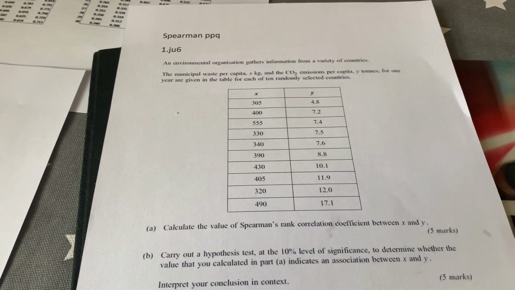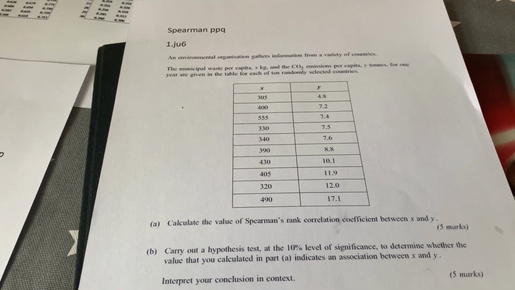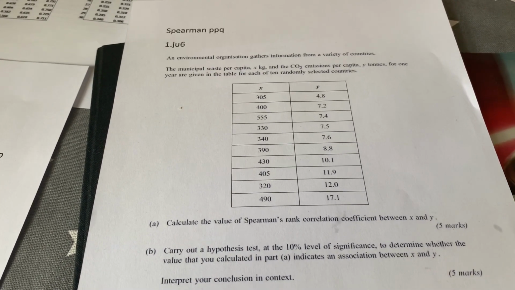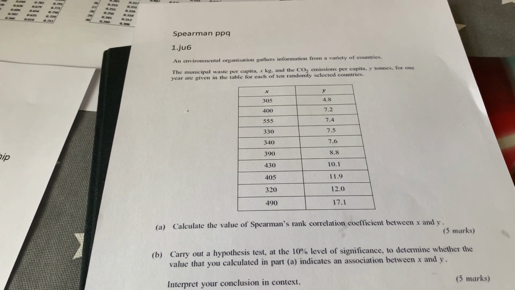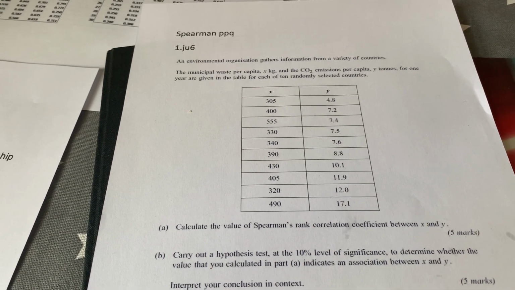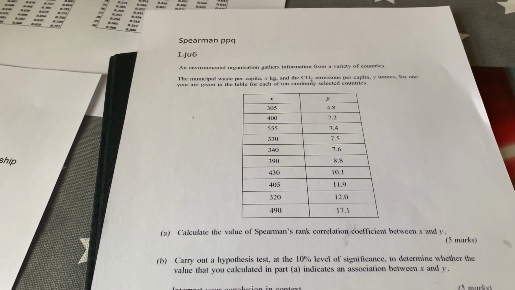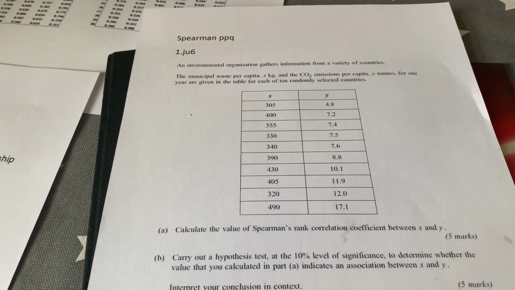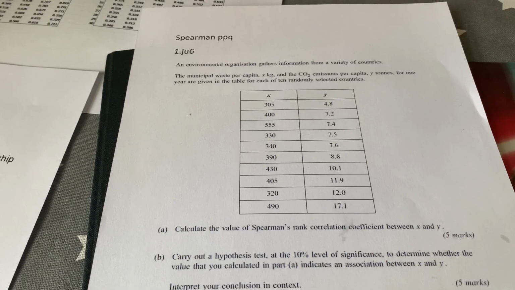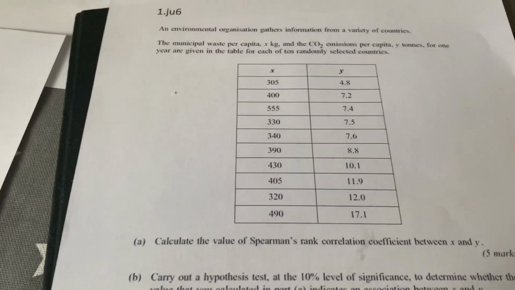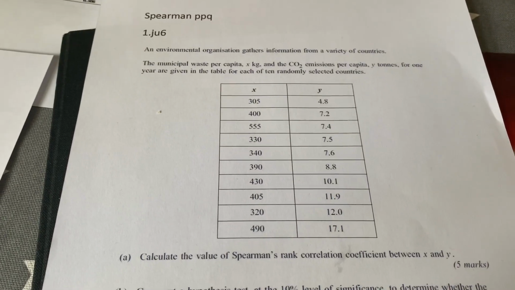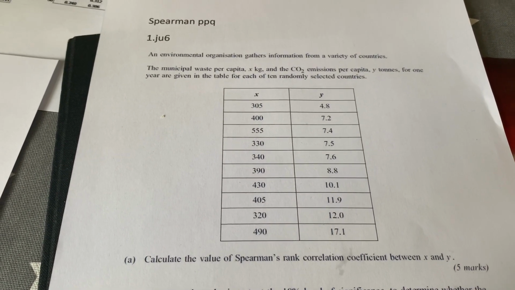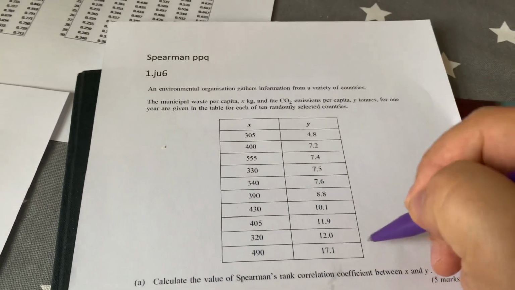Now the first thing we're going to do is rank them 1 to how many there are. It doesn't matter if you go highest to lowest or lowest to highest, as long as you do both columns the same. So if you're ranking X from high to low, you've got to make sure you rank Y high to low, otherwise they won't work. We're going to rank them, in this case 1 to 10. The Y column, they've already done it for us, so that's really easy because we can just do this.